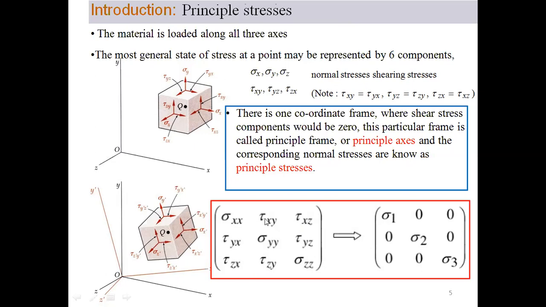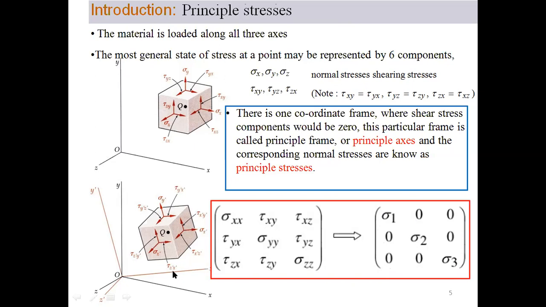All these shear stress values would become zero, and our stress matrix would become like this. We would have only values along the diagonal. It means that we would have only normal components of the stress, whereas in this stress matrix, the shear stress values would all be zero.